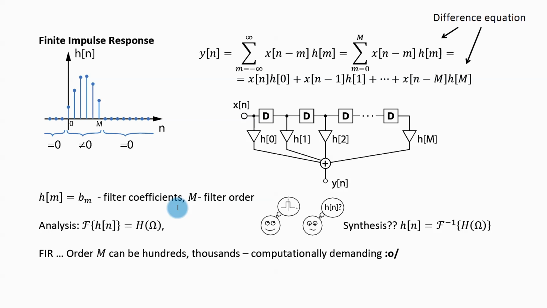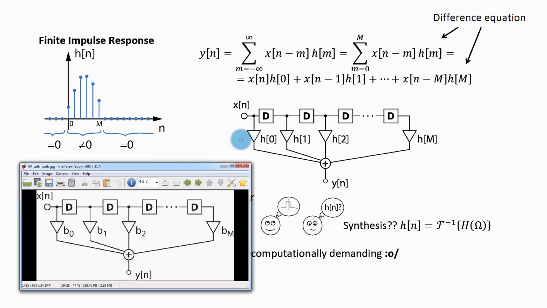So in an FIR system, the impulse response and filter coefficients are the same. And oftentimes you can see this schematic to be drawn with filter coefficients instead of the values of the impulse response. This is the same thing, just different letters.